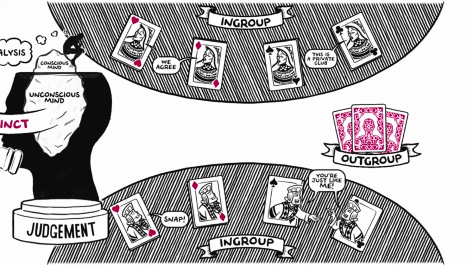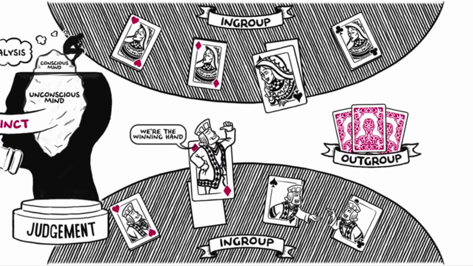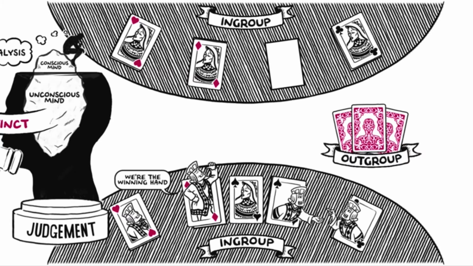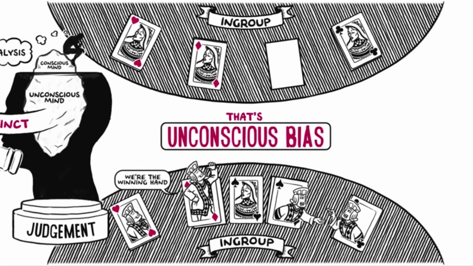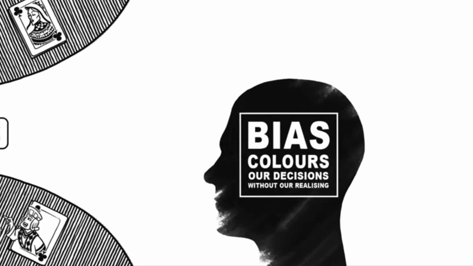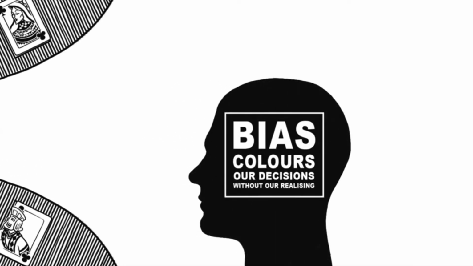However, we can belong to different in-groups, and we like to be part of an in-group that's powerful, which could mean a woman favoring a man over a woman. That's unconscious bias. All of us have it, and it colors our decisions without our realizing. For example, research reveals that if I were a man, you would be more likely to be nodding in agreement right now because people pay more attention to a male voice.